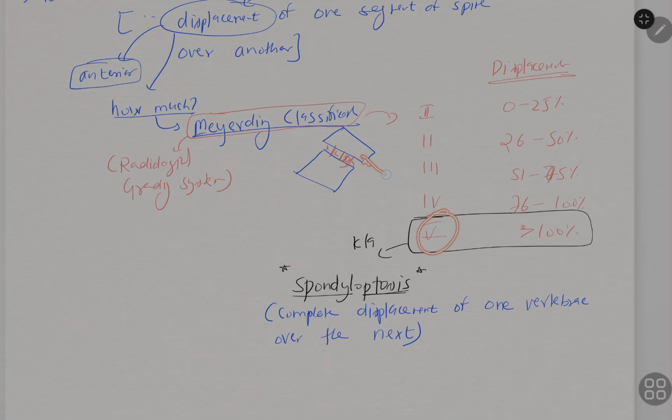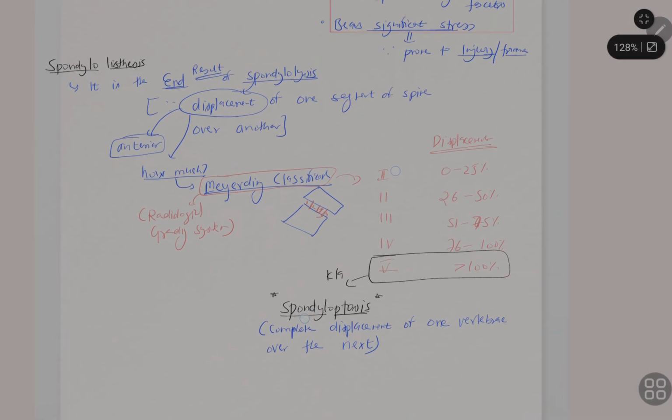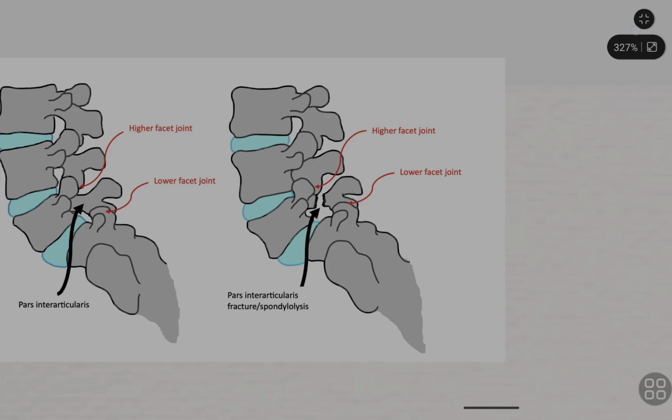And when it becomes more than 100%, it is known as spondyloptosis, meaning there is a complete anterior displacement of one vertebra over the next. So I hope you understand the difference between these things.